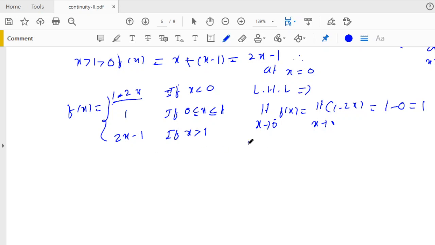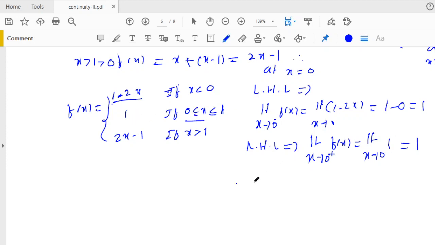What about RHL? The right hand limit equal to limit x goes to 0 plus f of x. When x approaches to 0 from right, that means x is greater than 0. When x is greater than 0, f of x equal to 1. Therefore this total value equal to 1. At x equal to 0, f of 0 is equal to 1.